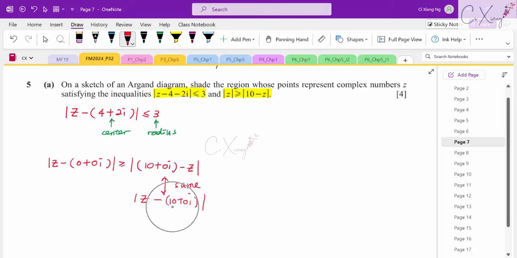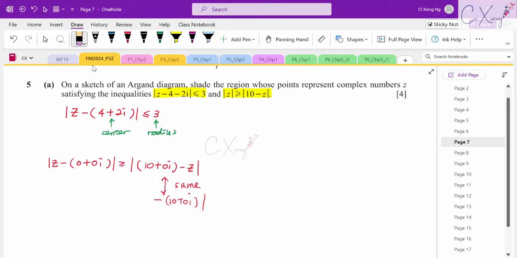So if you write it in this way, it also has the same meaning: the distance between the complex number z and the point (10, 0). So they are basically the same.